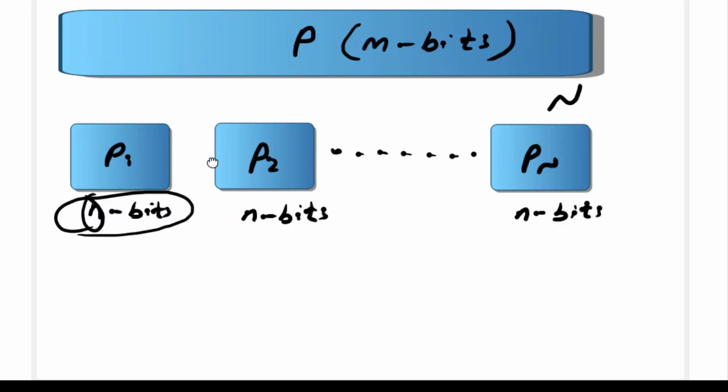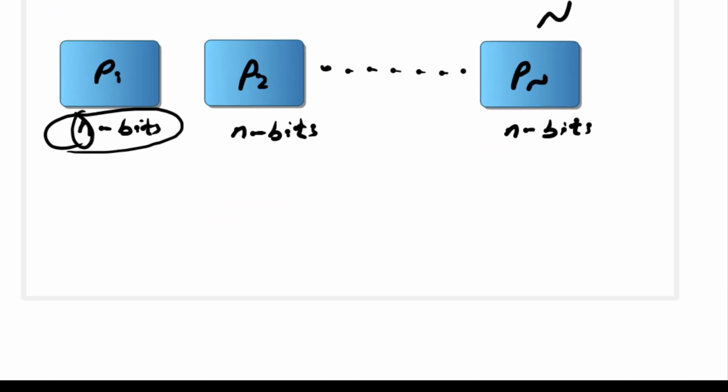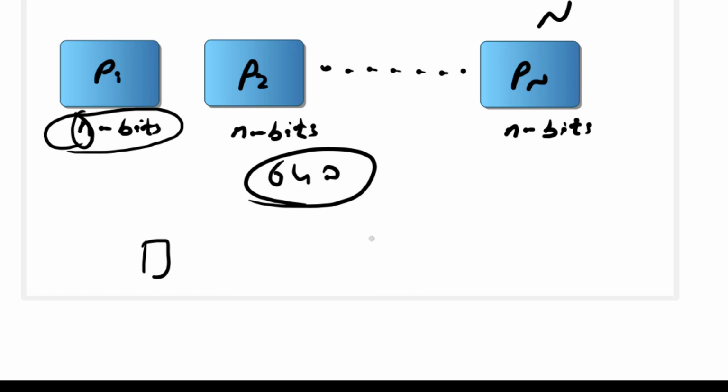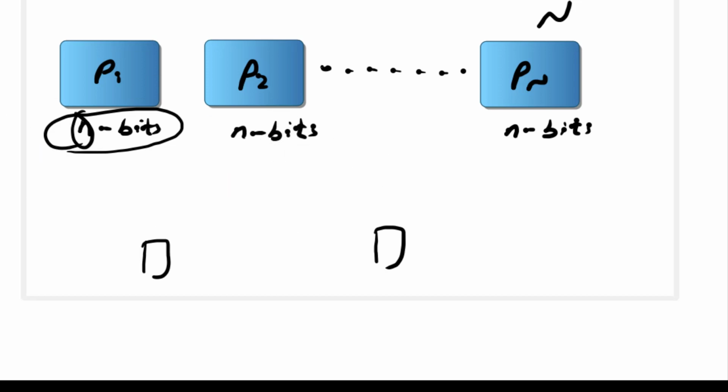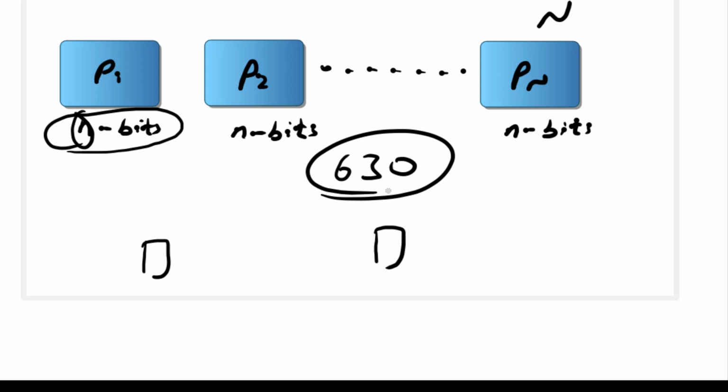Now an issue may arise. Suppose our original message is a multiple of 64. If we have a 640 bit message, clearly we will have 10 blocks, p1, p2 up to p10, all blocks containing 64 bits. But suppose we have a message of 630 bits.